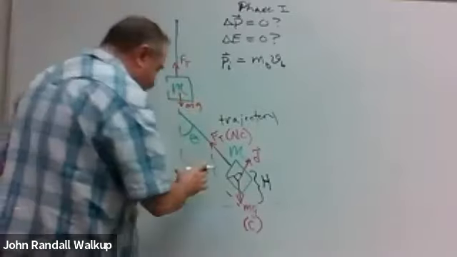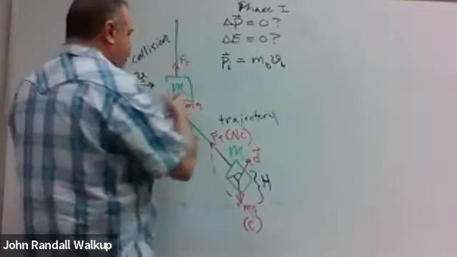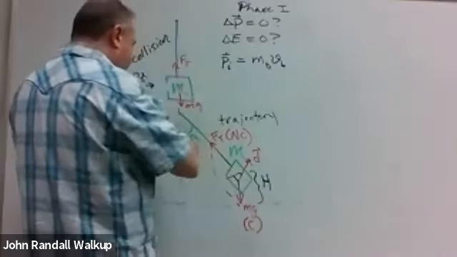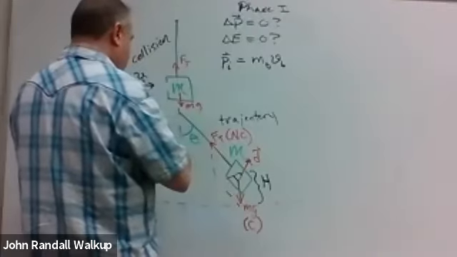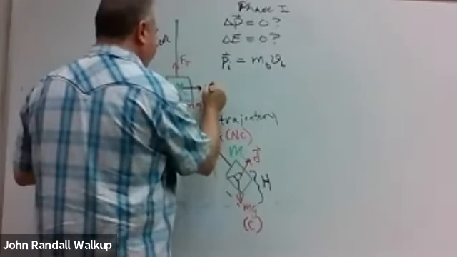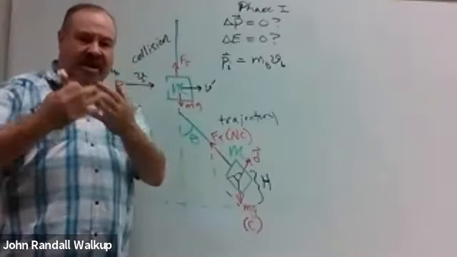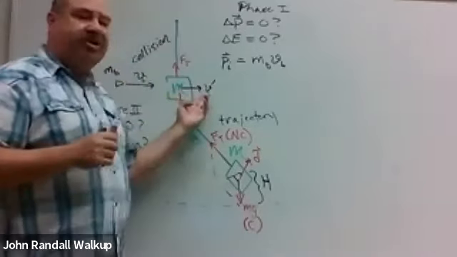After the bullet embeds, the bullet and the block are going to be moving together at some speed that we will call V prime. Right at the moment that the bullet embeds into the block, both of them move at some initial speed V prime.